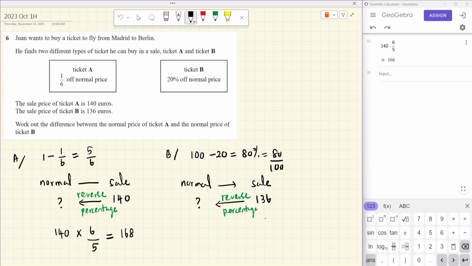How do you do reverse percentage? We take the amount 136 and multiply by the reciprocal of the new percentage. This is 80/100, so the reciprocal is 100/80.